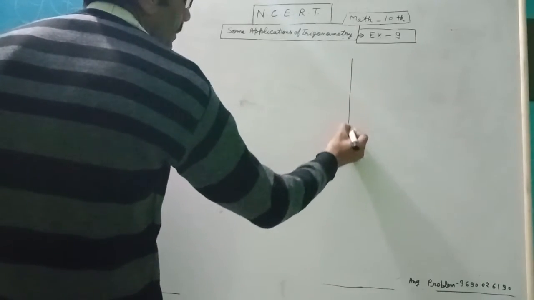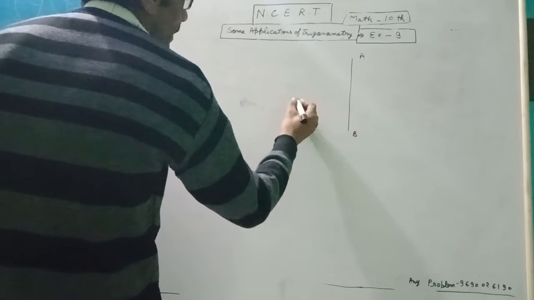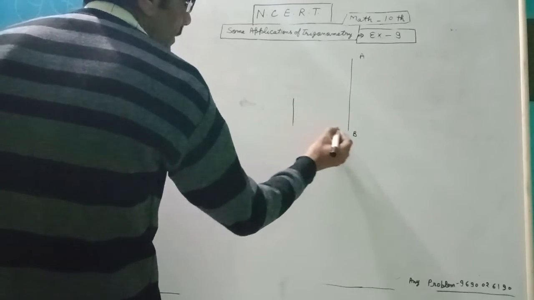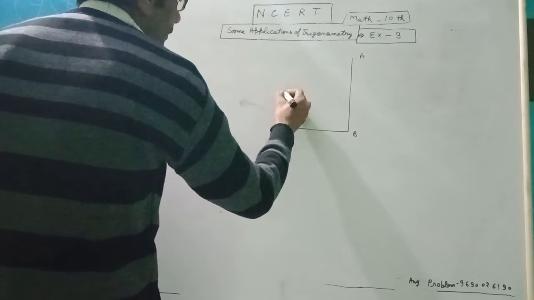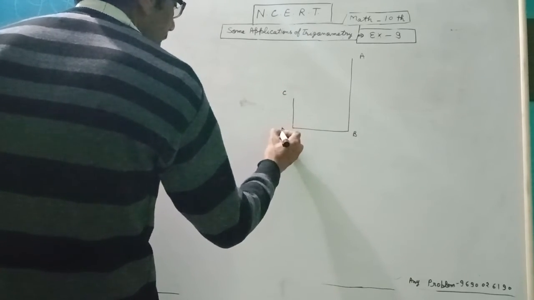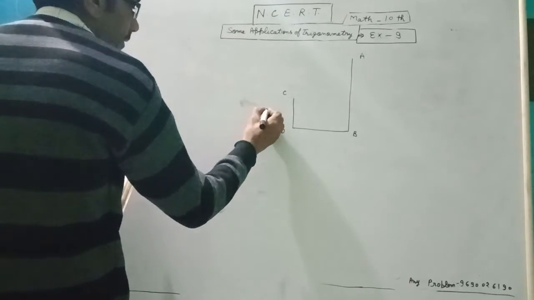Cable tower is AB, building is CD. CD is building. Height of the building is 7 meter.